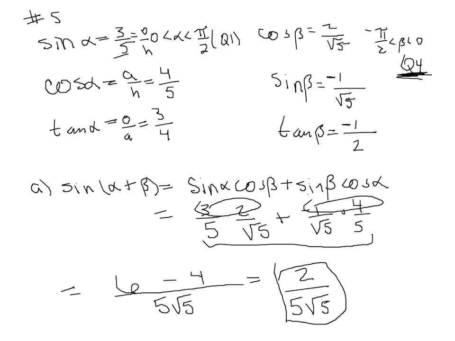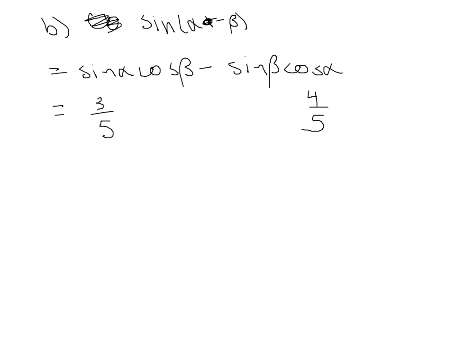Going back, we see that sine beta is minus 1 over the square root of 5, and cosine beta is 2 over the square root of 5. So coming back, I get 2 over the square root of 5, and then minus is from the formula, minus 1 over the square root of 5.